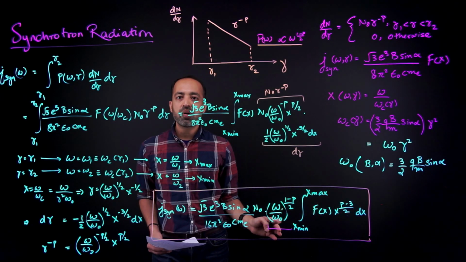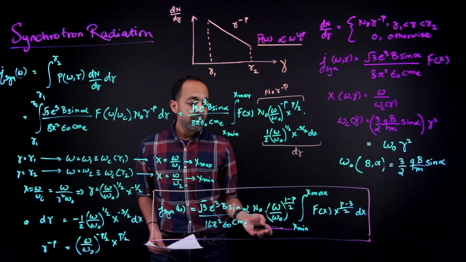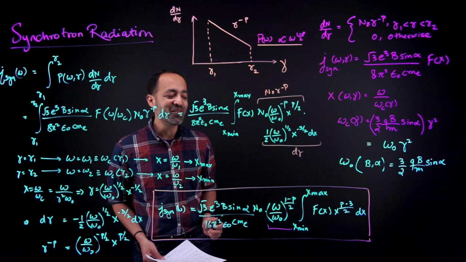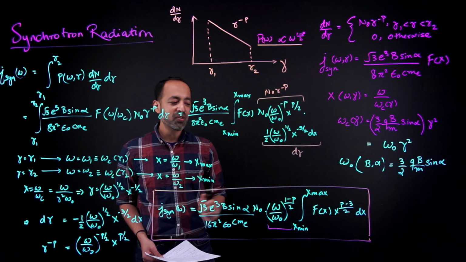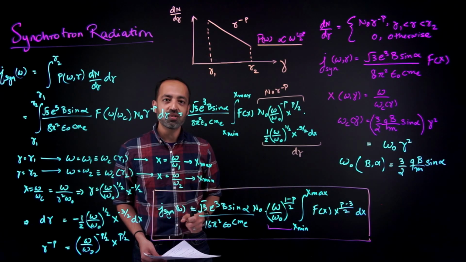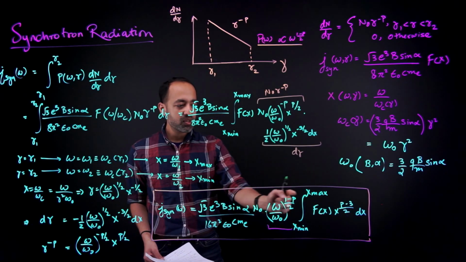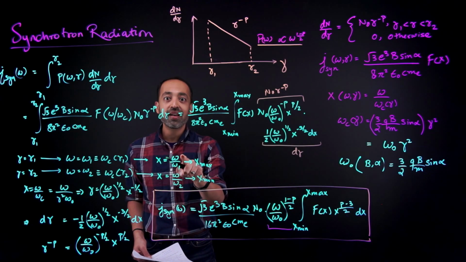What about this? Well, we'll discuss this in some more detail in a little bit, but this integrand doesn't depend upon frequency. Really the only part that depends upon frequency, actually, what part depends upon frequency? Have a moment to think about what part of this integral depends on the frequency. And the answer is it's the limits of the integration that depend on the frequency. Because remember, this x min and x max have an omega in the definition.